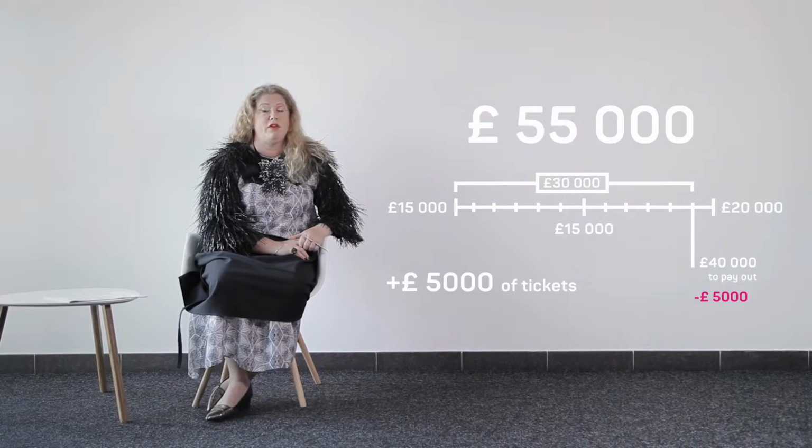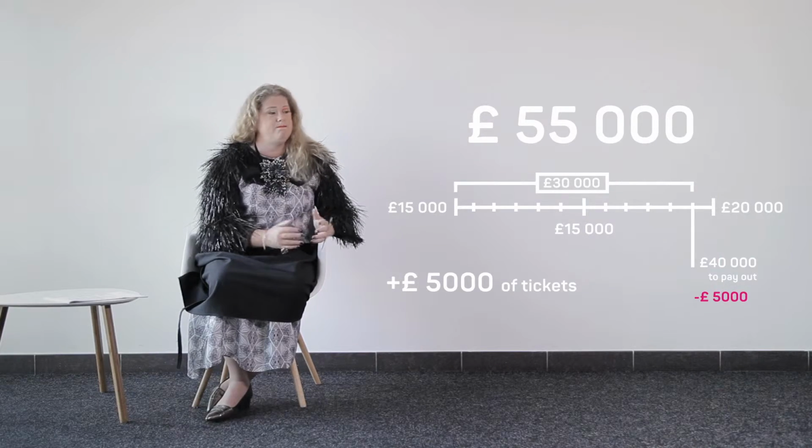And of course, if they don't pay people, the performances may not happen. So they've got to find £5,000 that they don't yet have in order to make sure the performances happen. What are they going to do?